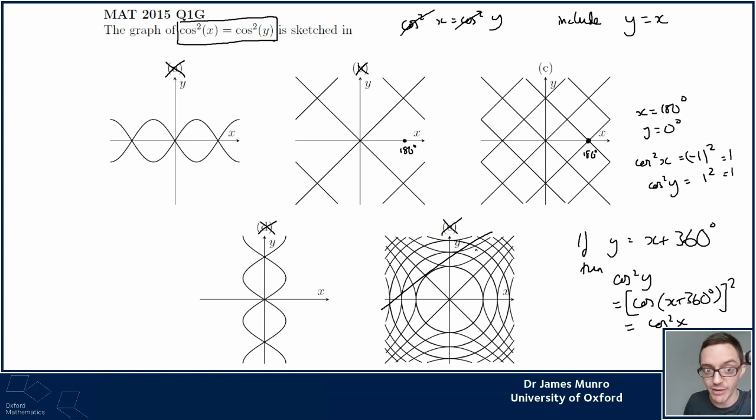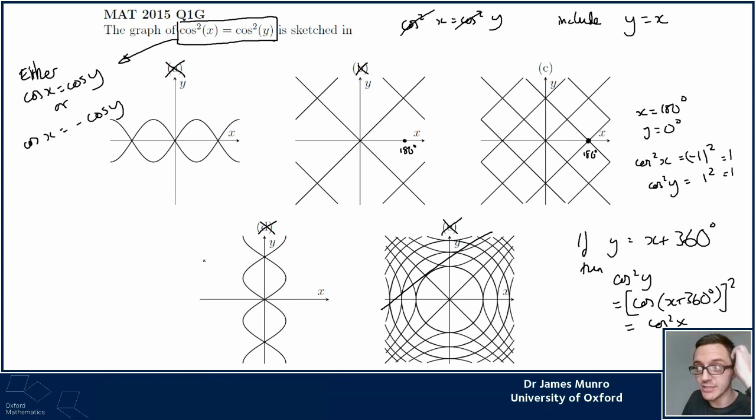Maybe that's not a very satisfying way of making progress. Maybe I should try and find all of the solutions to this equation. So let's try and do that. If cos squared x is equal to cos squared y, then it's either the case that cos x equals cos y, or cos x is going to be minus cos y.